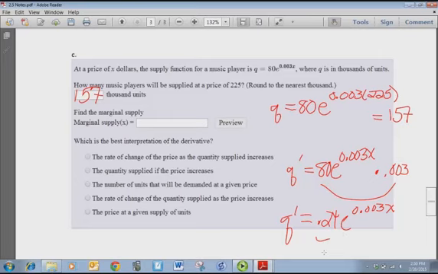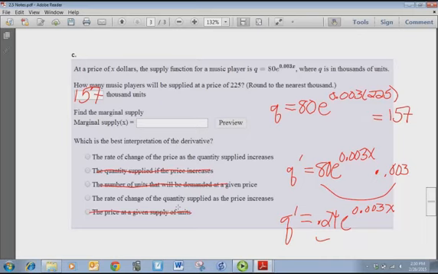Then it says, which is the best interpretation of the derivative? Well, anything that doesn't say rate of change, like B and C and D, can be canceled because derivative is always rate of change. So the first one is rate of change of the price as quantity supplied increases.